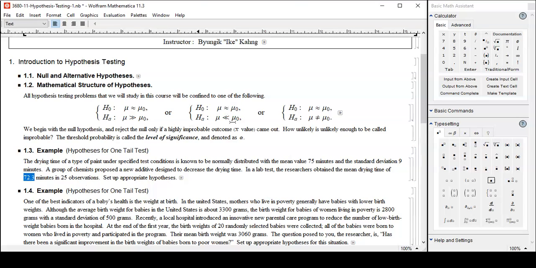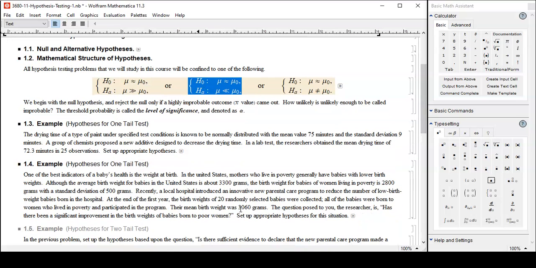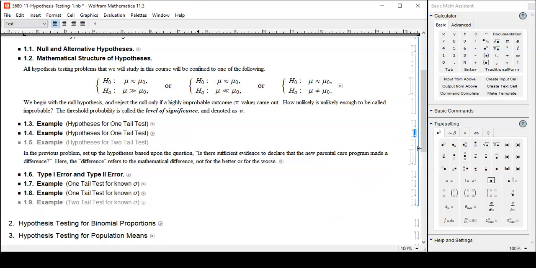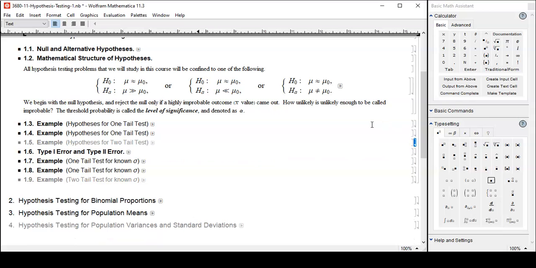That was less than mu 0, so it's got to be this. And here, 3,060 was already there. That is greater than the 2,800 mean, so it's that. Why would we consider this as if we don't know anything at all, one way or the other? I don't know. So I'll skip the third one.